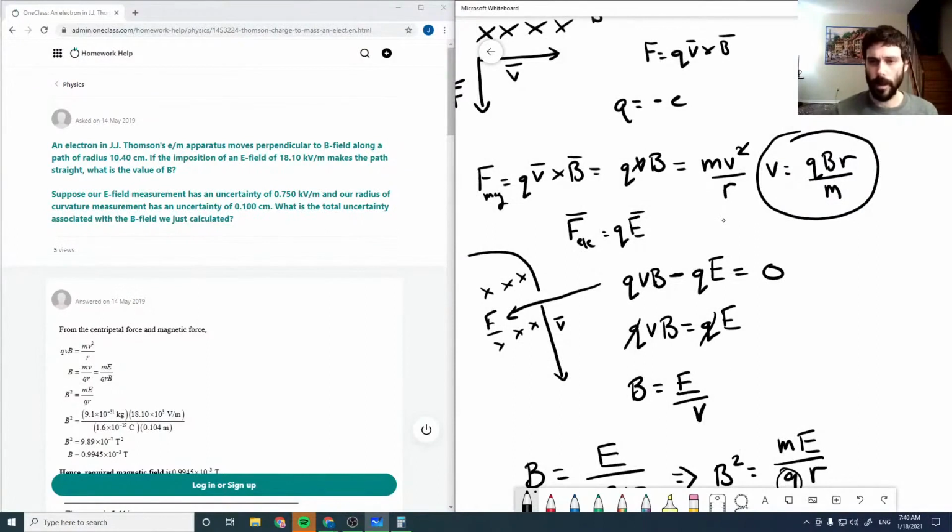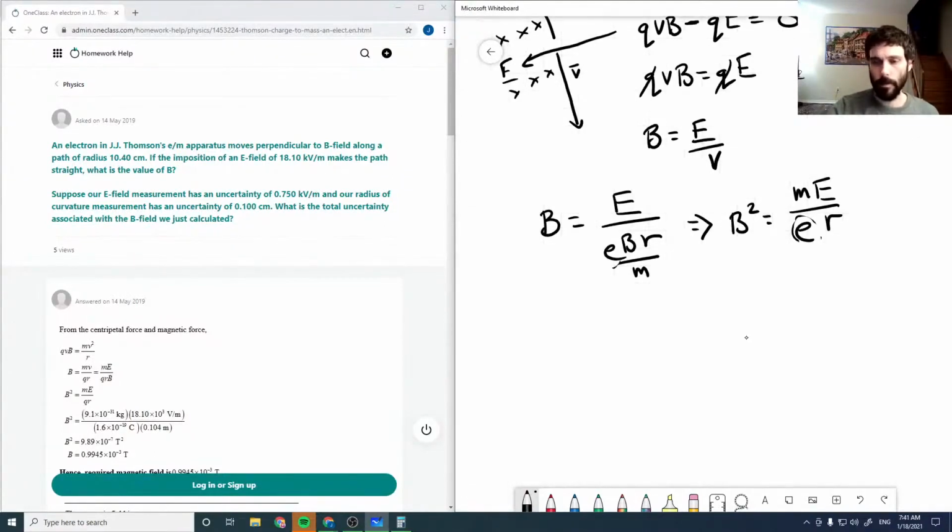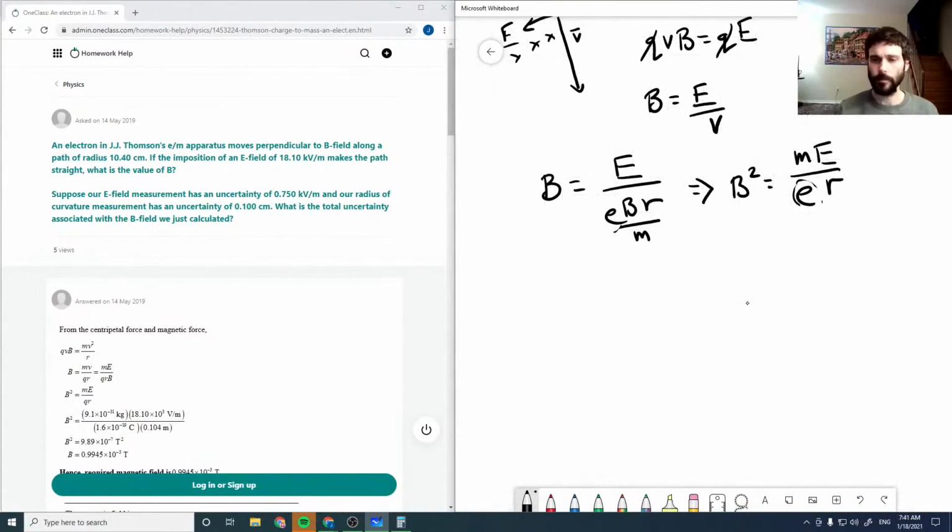So in retrospect, I should have written this as e and E here, not Q. Not that it makes a whole lot of difference, but we would end up with a negative in our square root, which wouldn't be so kind.